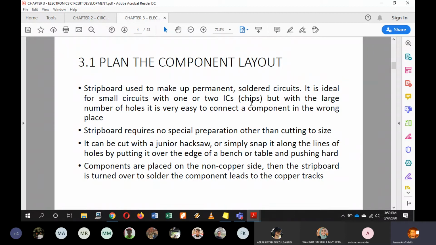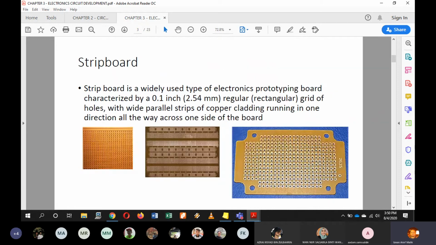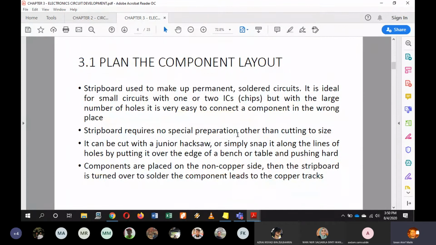Okay, so be careful. It requires no special preparation other than cutting into size, because normally if you buy them, they come in several sizes. So it might be that you are buying about this big of board, but you are using only a quarter part of it, so you can cut them.